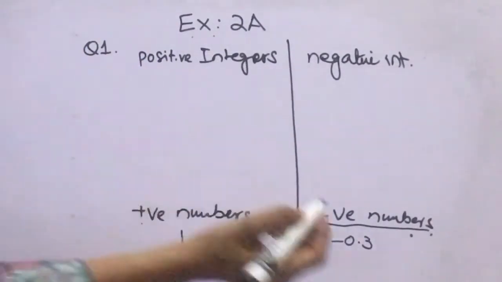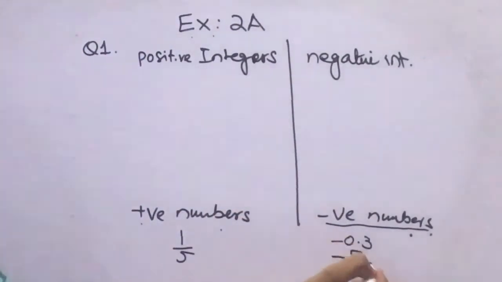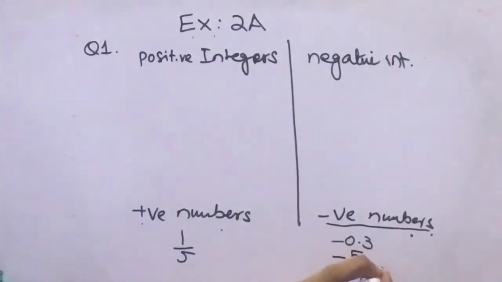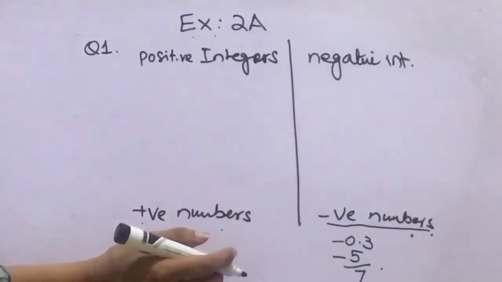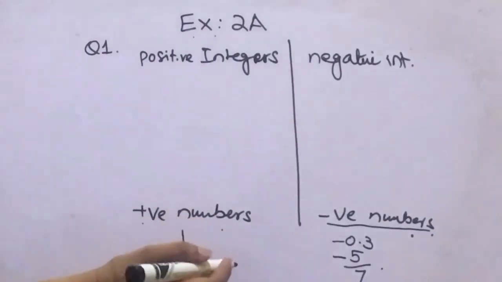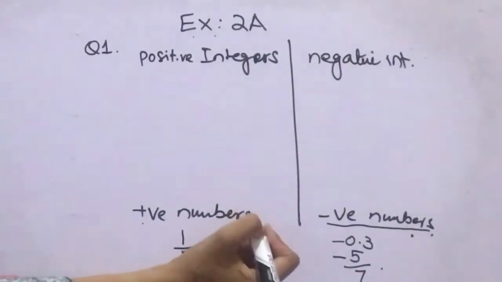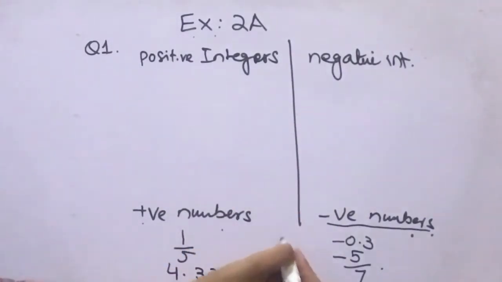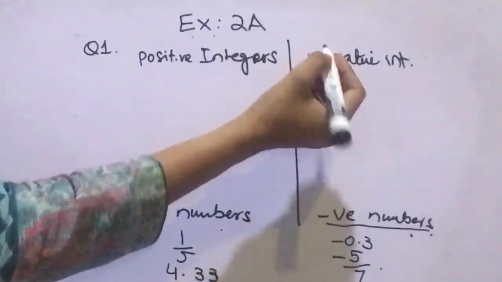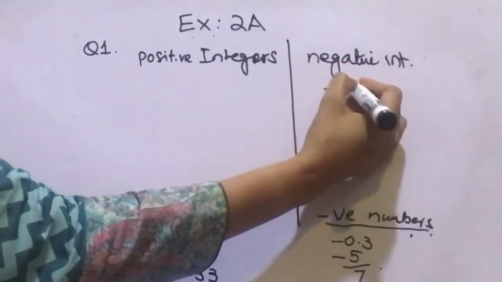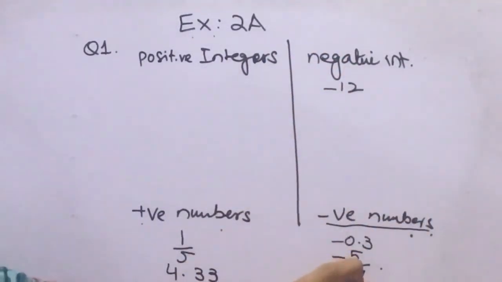Next is -5/7. It's again a negative number because it's a fraction. 4.33. It's a positive decimal number. Next is -12. Yes, it's a negative integer and also a negative number.